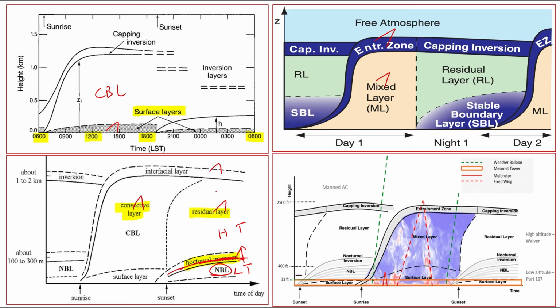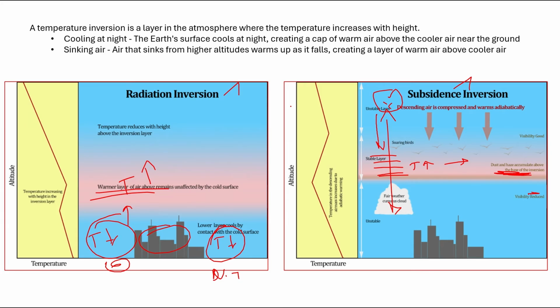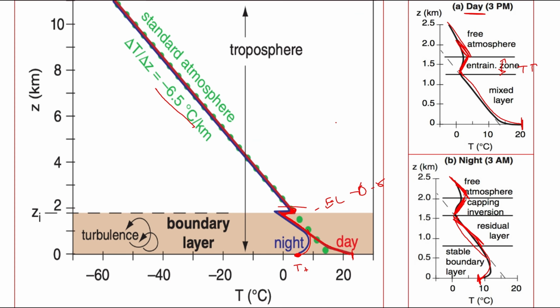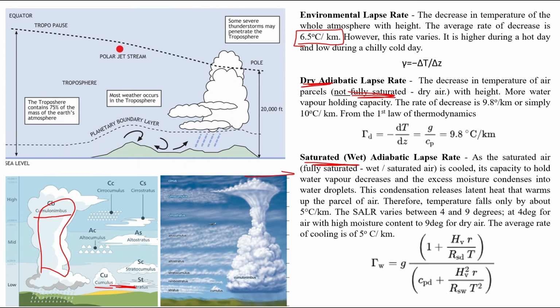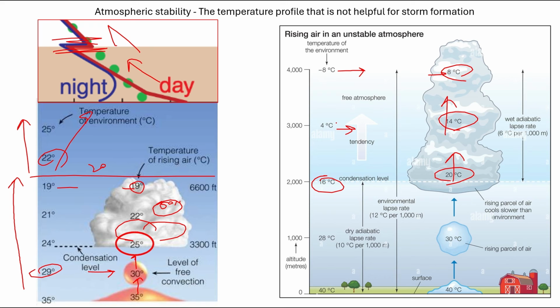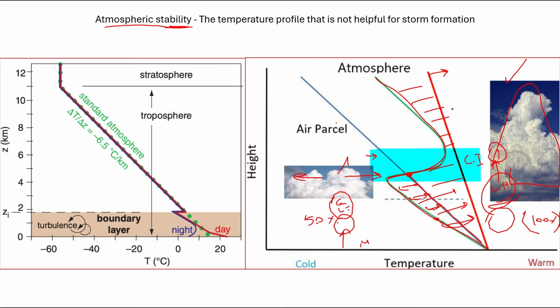Okay, these layers you have seen, and how temperature varied within the free atmosphere, that is the troposphere, we have seen, and due to the boundary layer how it varied also we have seen. And for the dry air how it varied, or for the wet air how it varied, also we have discussed.